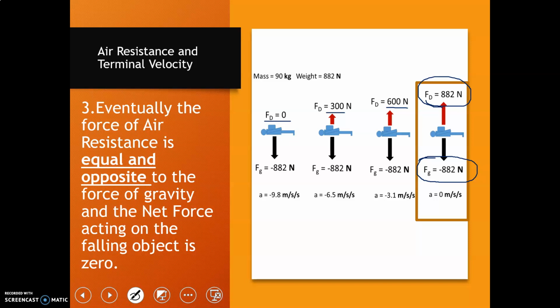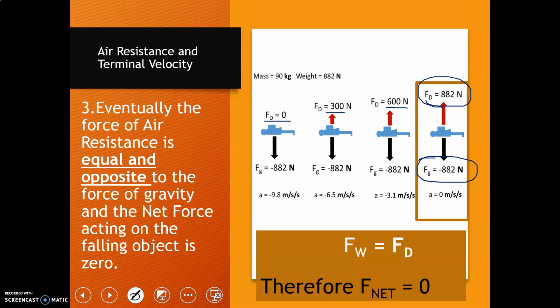So remember we talked about calculating net force. So you have a positive 882 and a negative 882. When you add these two forces together, you're going to get 0. So our net force is 0. Because these two forces are balanced. They're equal and opposite, so they help to cancel each other out.